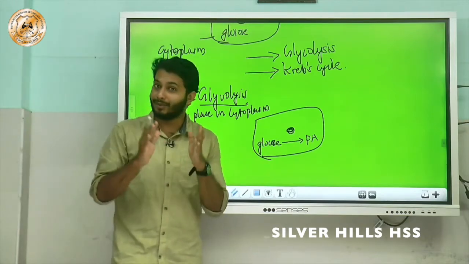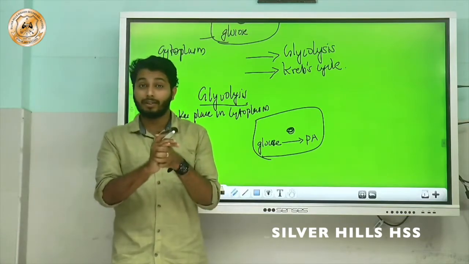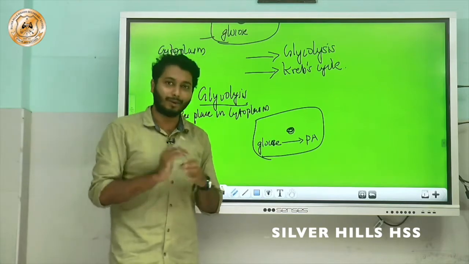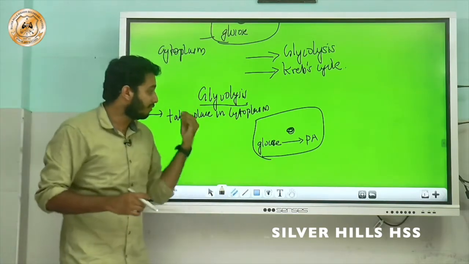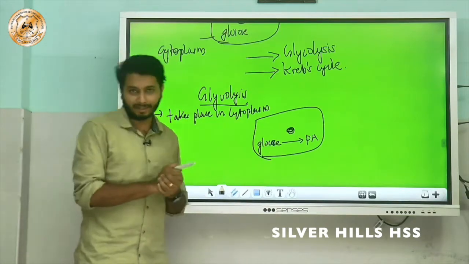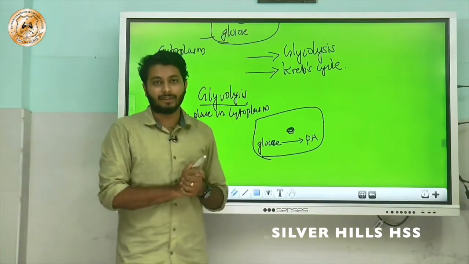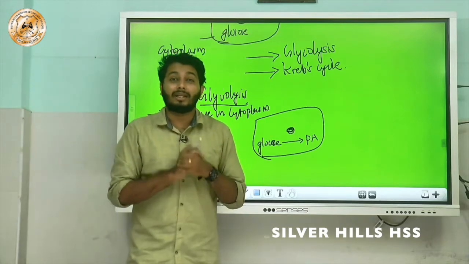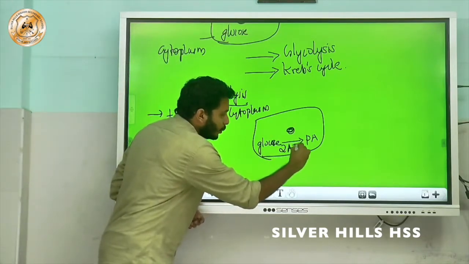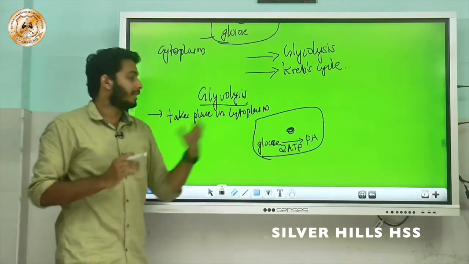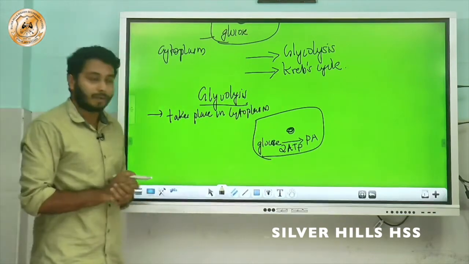ATP means adenosine triphosphate, also called the universal energy currency. I hope you know this. During the conversion of glucose into pyruvic acid, the total energy released is 2 ATP. Two ATP molecules are produced during glycolysis.